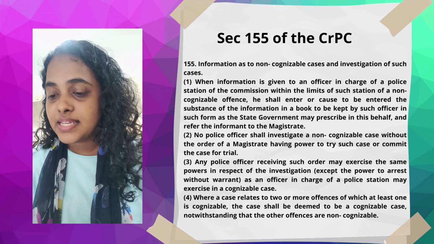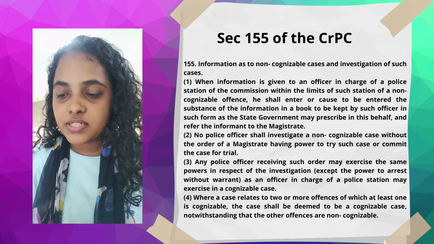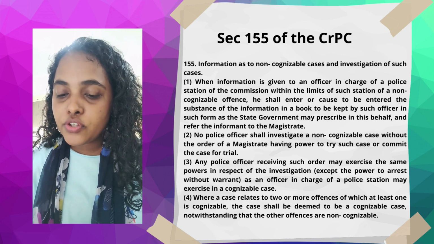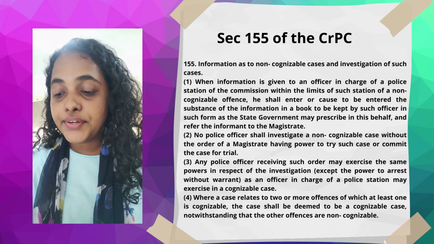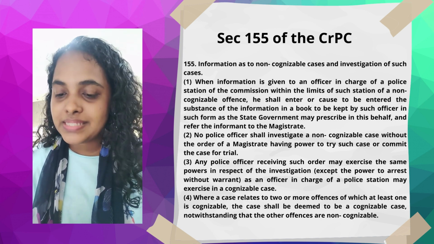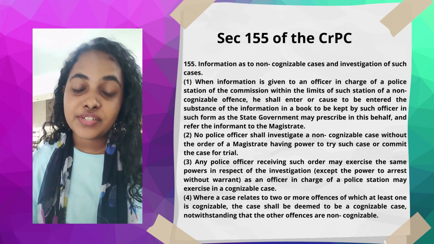Subclause 1 says, when information is given to an officer in charge of a police station of the commission within the limits of such station of a non-cognizable offence, he shall enter or cause to be entered the substance of the information in a book to be kept by such officer in such form as the state government may prescribe in this behalf, and refer the informant to the magistrate.